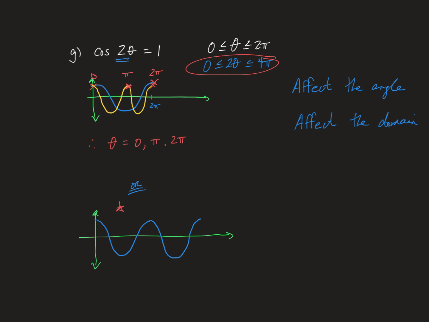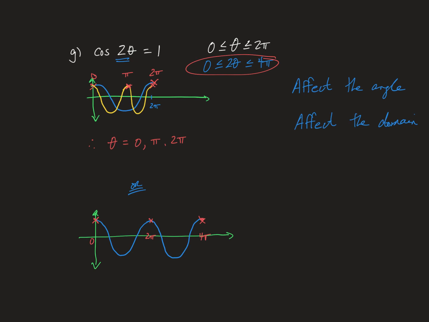So I'm just going to get rid of that star. And now if I was to answer that same question, when is my cos curve equal to 1? It's equal to 1 at 0, it's equal to 1 at 2 pi, and it's equal to 1 at 4 pi. I can just use my basic cos graph to solve this problem.